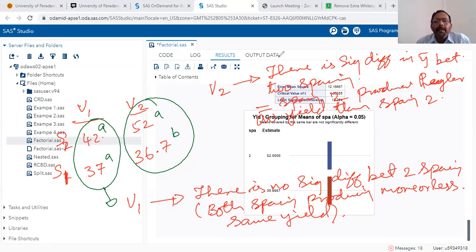So that is how we interpret. You see, the statements are two different statements. That is why we have interactions. That is why we say there is an interaction. The two statements are different.